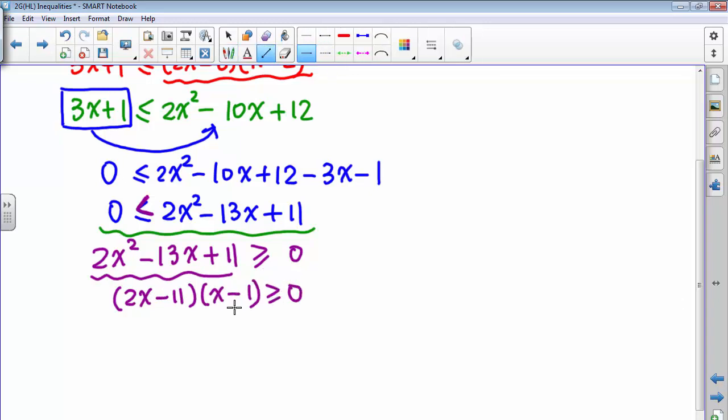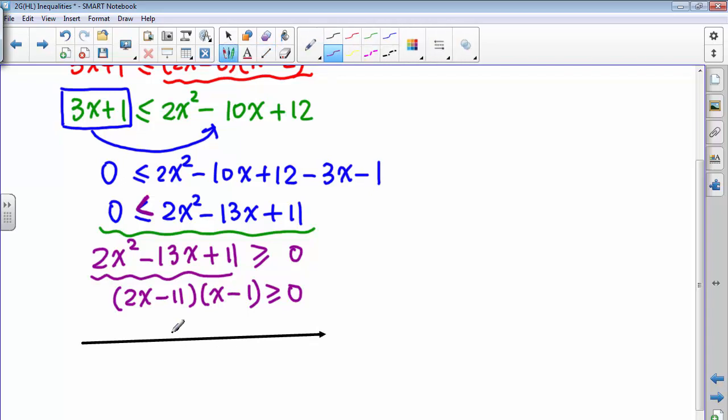Then the third step is I need to use the Venn diagram to show the positive and the negative intervals. So put two zeros on the number line. One zero is 1. The other zero is 11 over 2, which is 5.5.